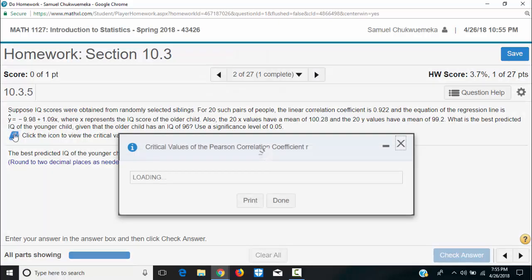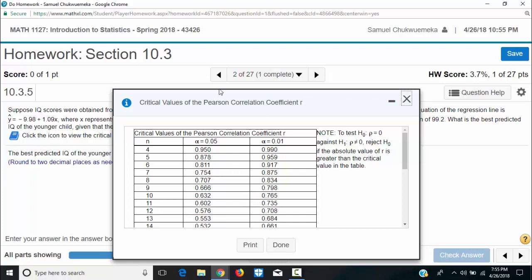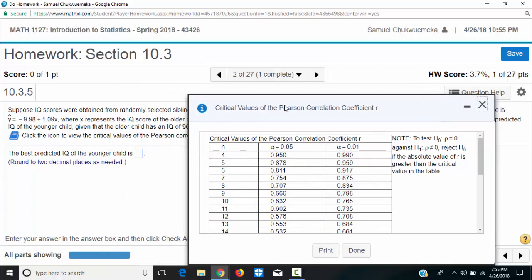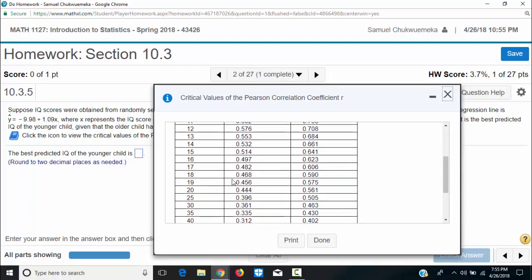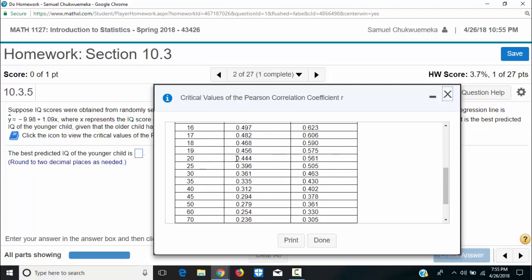So we click here to look at the critical values, and this is the 5% significance level, 0.05. Sample size is 20, so you look for 20, and the critical value is 0.444.